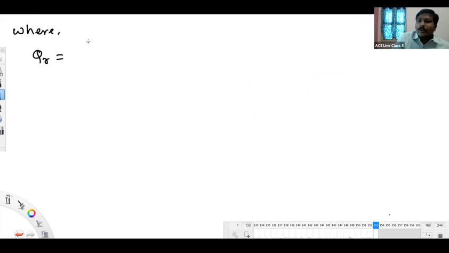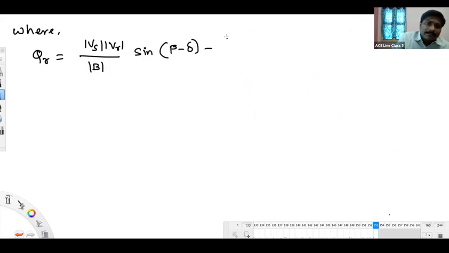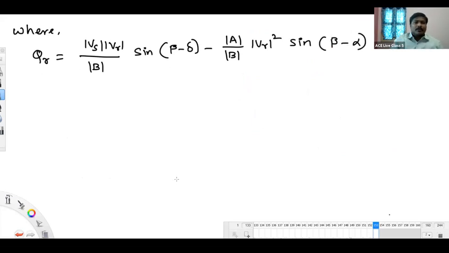QR is equal to, look at the formula: mod VS mod VR by mod B, sine of beta minus delta, minus mod A by mod B, mod VR square, sine of beta minus alpha.